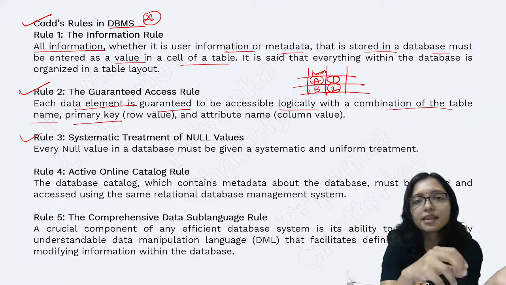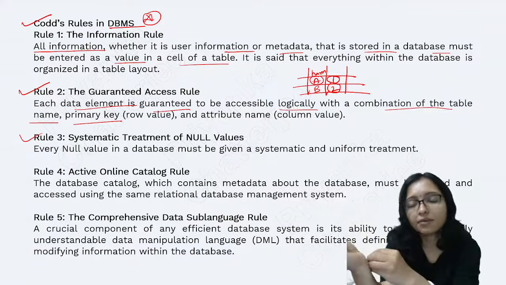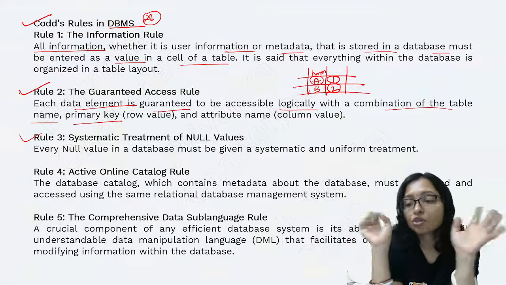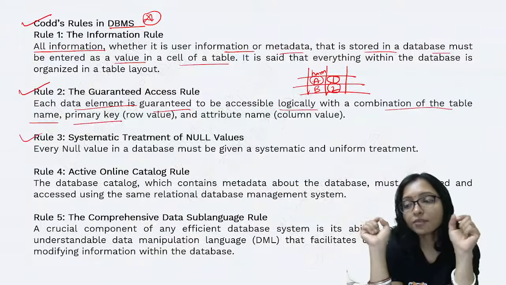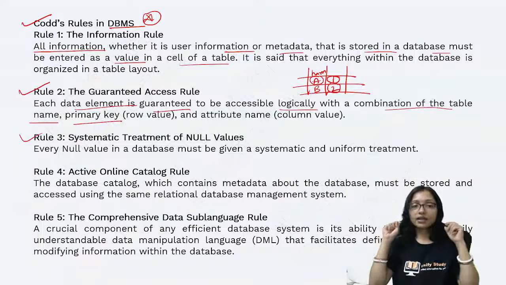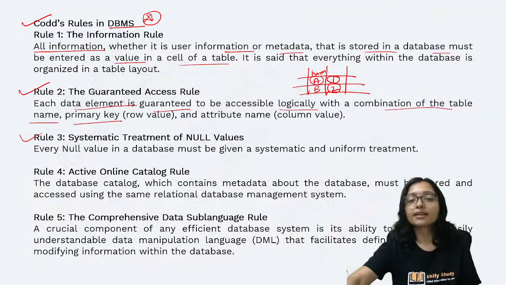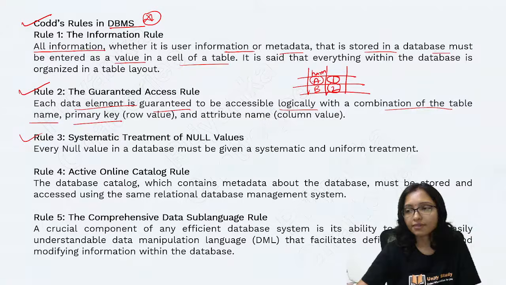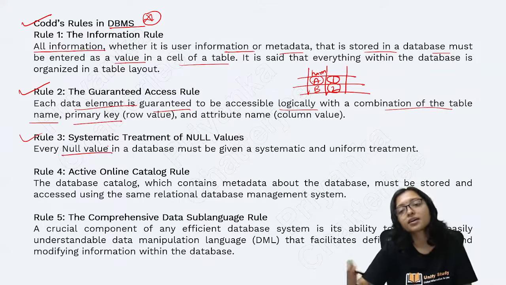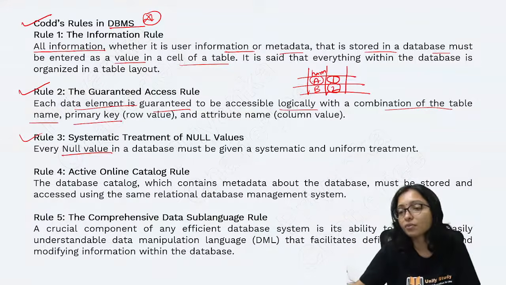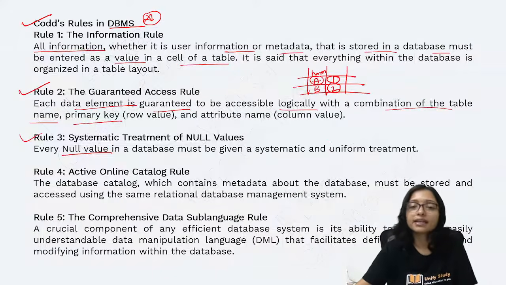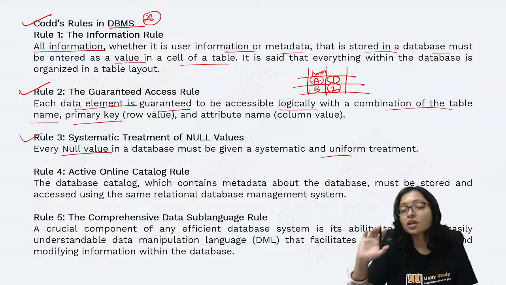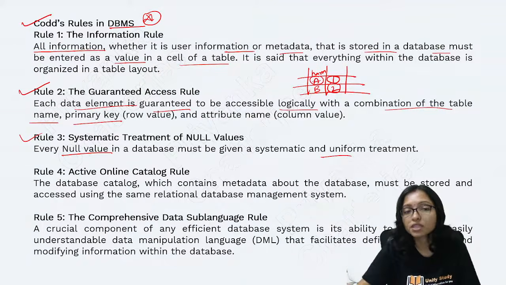Just now you assigned the employee and within some time it will be allocated, but till now it's not allocated. At that time what can we do? We can put a null value in that area. This null value is also very important. The systematic treatment means uniform treatment: using null values anywhere, anytime, anyhow will not be correct. You should use the null value in the correct way.